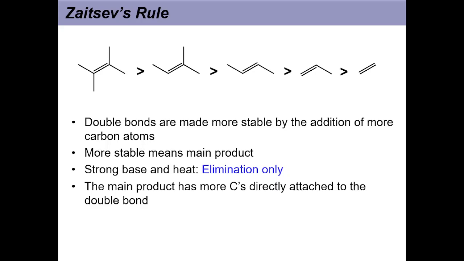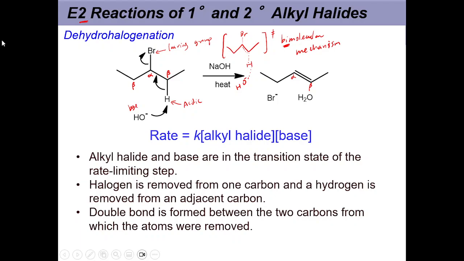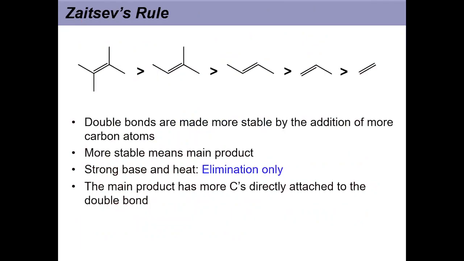One thing we're going to understand is that when there's an alpha carbon with more than one beta carbon, which beta carbon is going to react, or in other words, whether the double bond is going to be formed between this alpha-beta carbon pair or between the other alpha-beta carbon pair. This is called the regioselectivity.